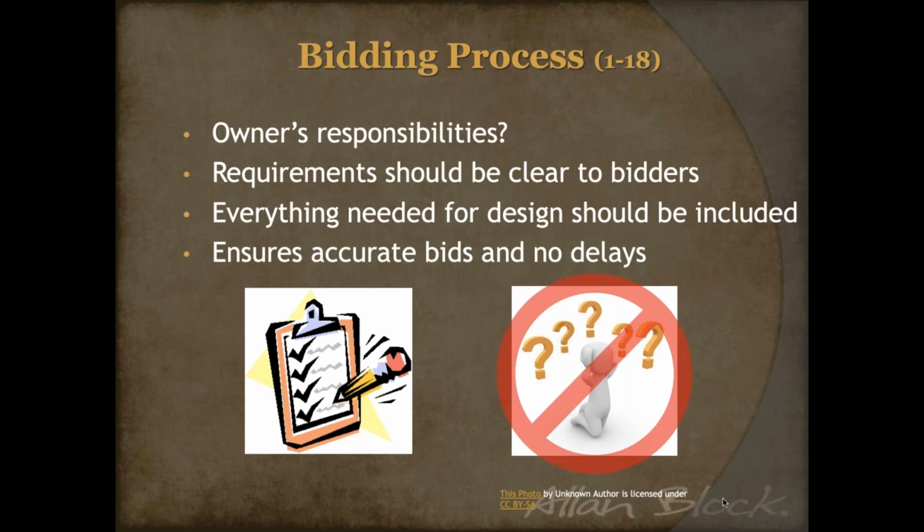We want to make sure that design is available to anyone bidding. A big thing here too is we want to know what the owner should provide and what you need to provide. Ideally, the full design of the wall would be provided by the owner so that any requirements demanded by the project are really clear to anyone bidding.